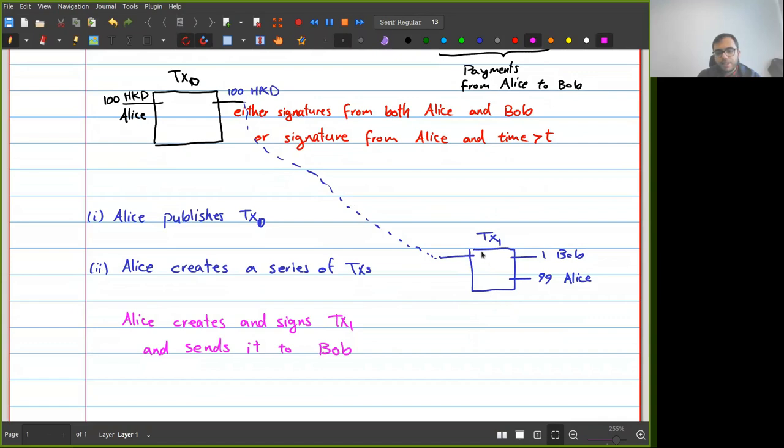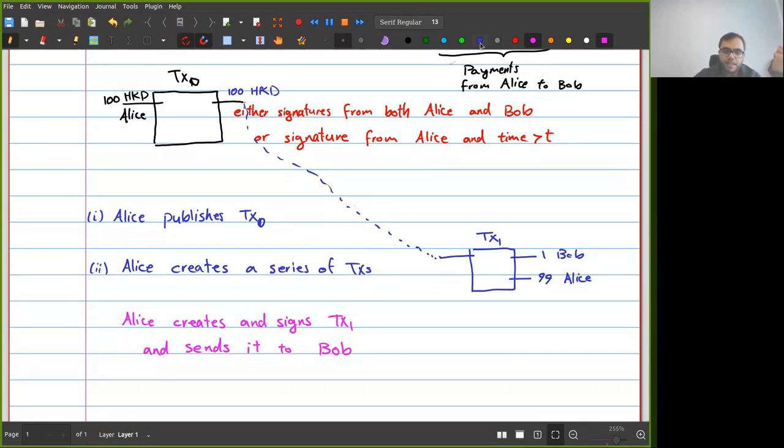Since it just needs signatures from Alice and Bob, and Alice has already signed it and sent it to Bob, Bob can reclaim the money. So the only person here who can actually do something on-chain is Bob.